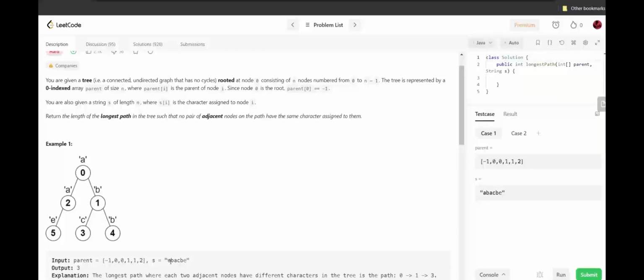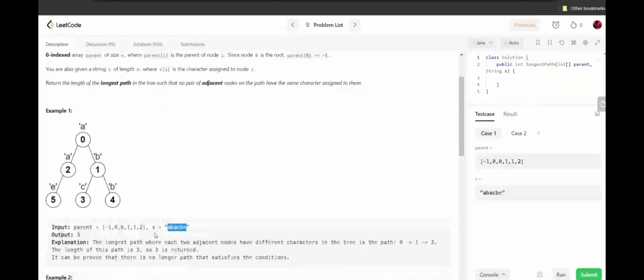And then each character of string s represents the value at that node, right? So the very first node would have a value a, and the second node, whose parent is node 0, would have a value b. Since it's 0-indexed, index 1 is this one, then index 2 has a value, and its parent is again 0.